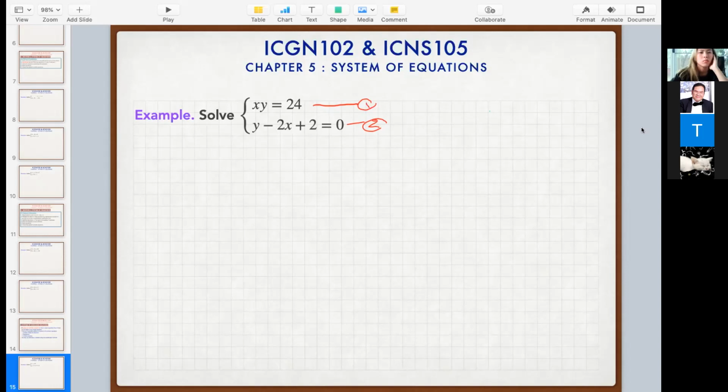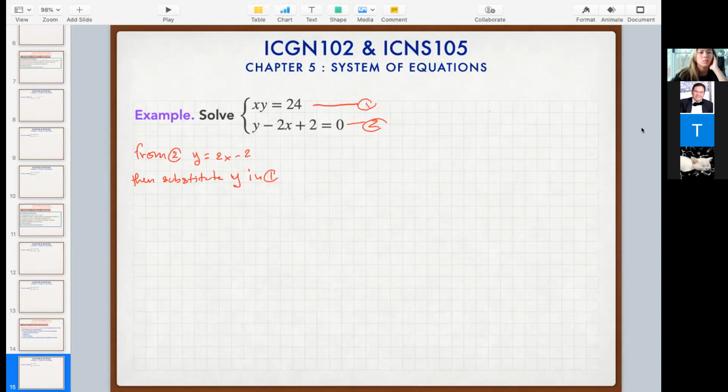So from equation number 2, I find y in terms of x, which equals 2x minus 2. Then substitute y in equation number 1.